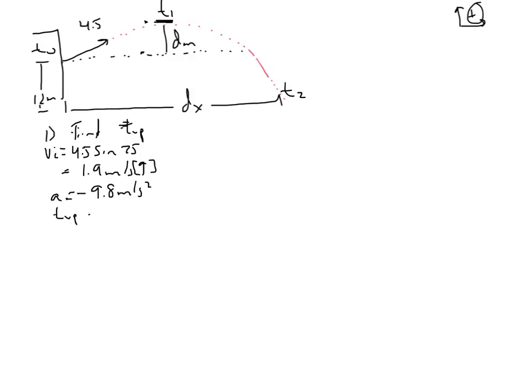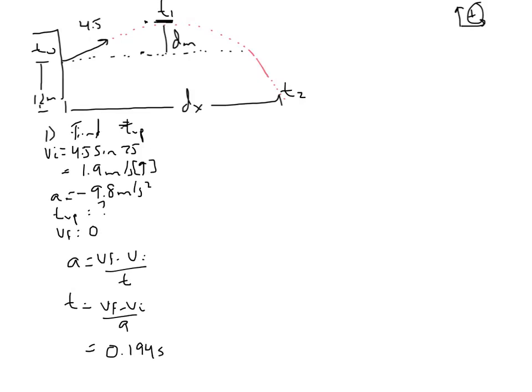T up is our question, and Vf, as always, is equal to 0 at the very top. So we plug that in. We're going to use the equation a equals Vf minus Vi over t. T, once we've inserted our numbers, is going to equal, well, I'll draw it out for you here. Vf minus Vi over a.